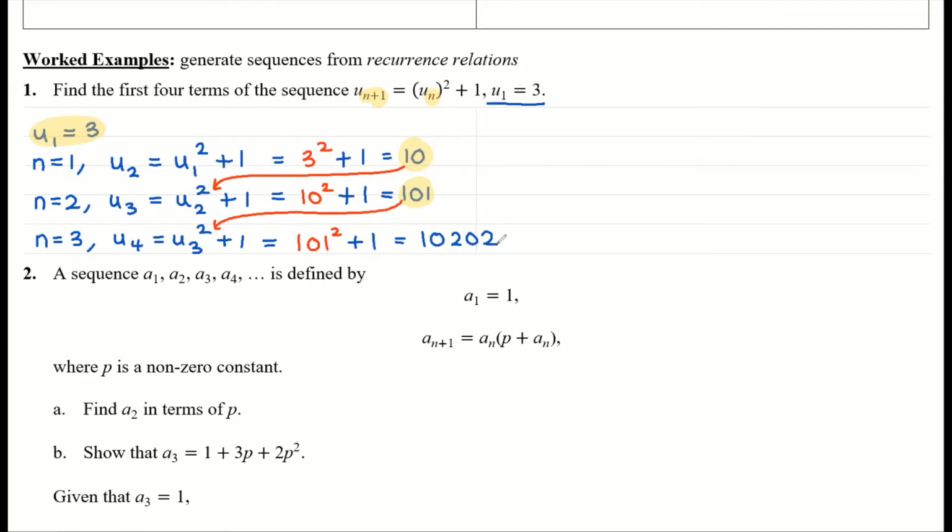So those are the first 4 terms of the sequence. So just to write them out explicitly, our sequence starts with 3, then 10, 101, and 10,202. And then there will be more to come, but those are the first 4 terms of the sequence.